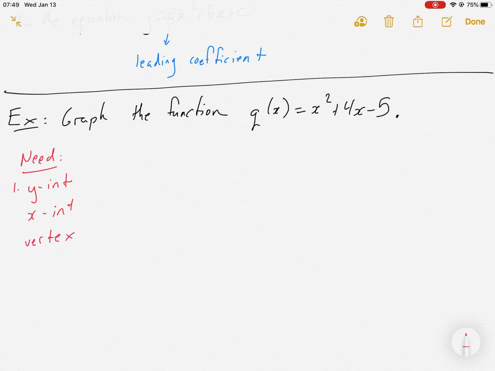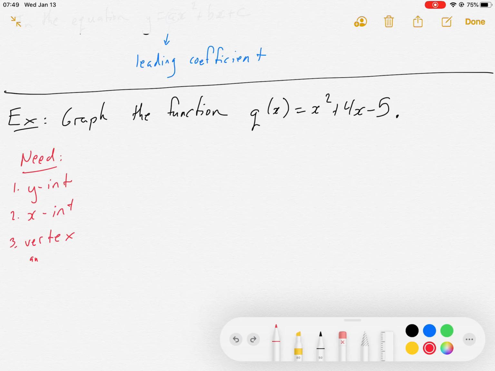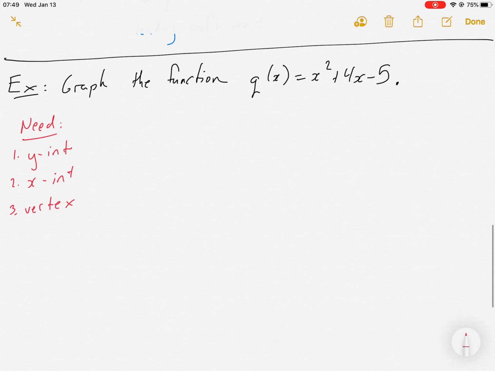Those are the key points, and then once you have the vertex, you also need to identify the axis of symmetry. You don't need to include it.